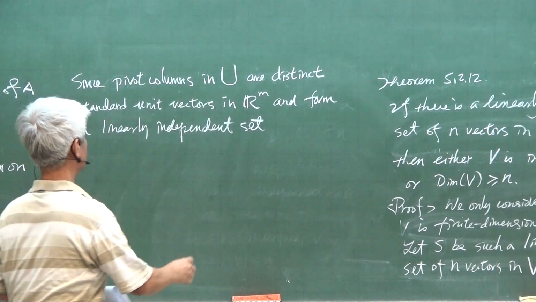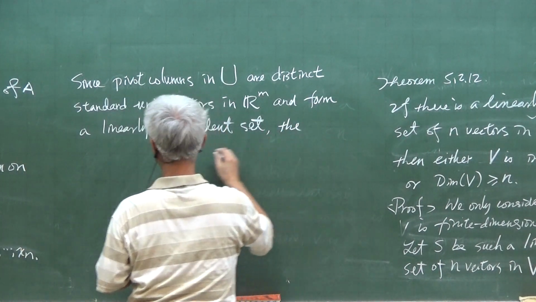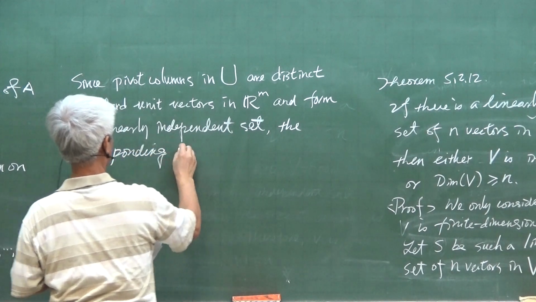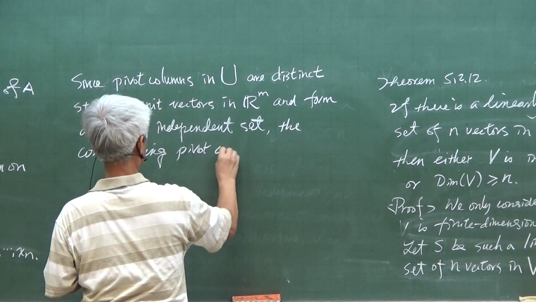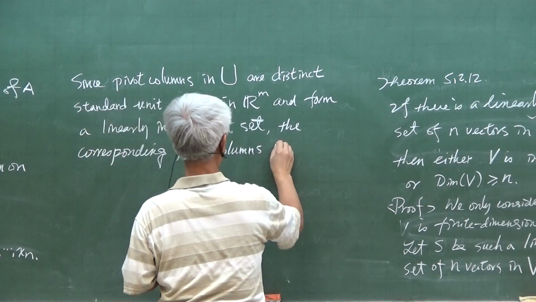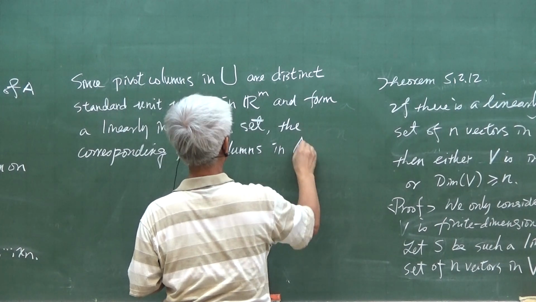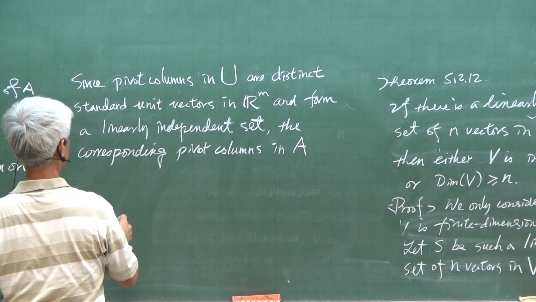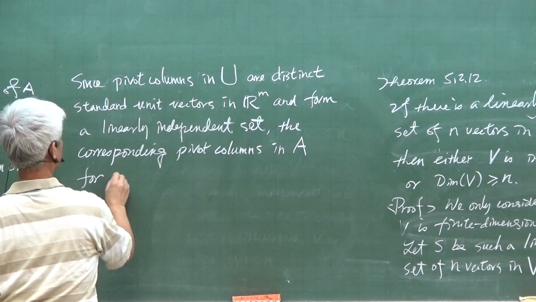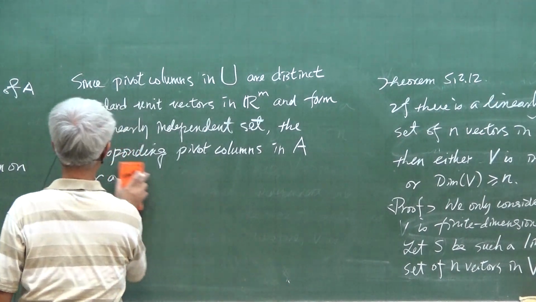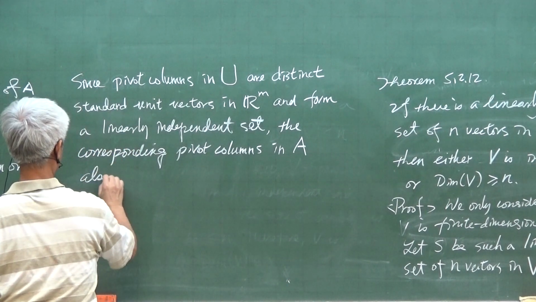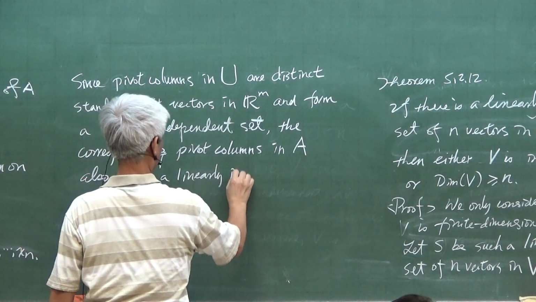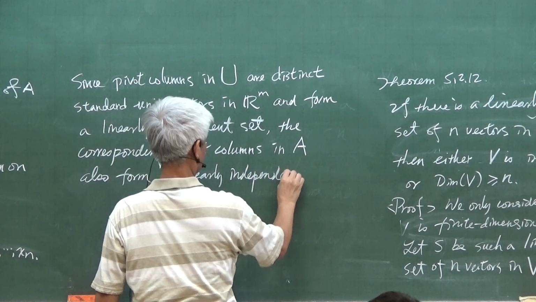Right? So the corresponding pivot columns in A also form a linearly independent set.